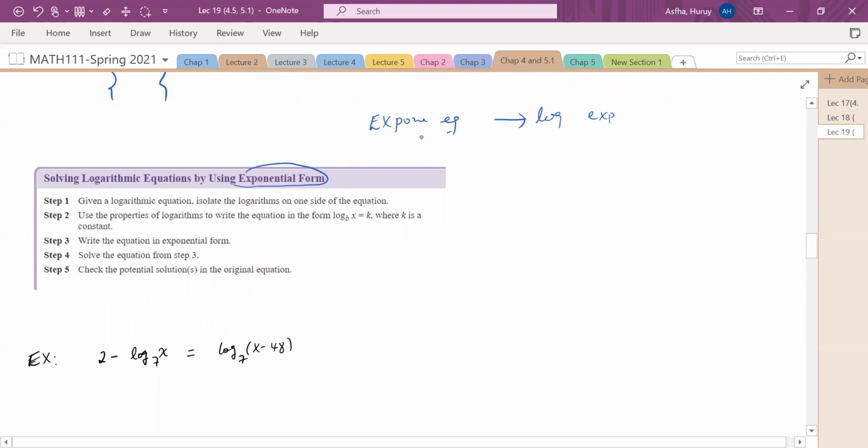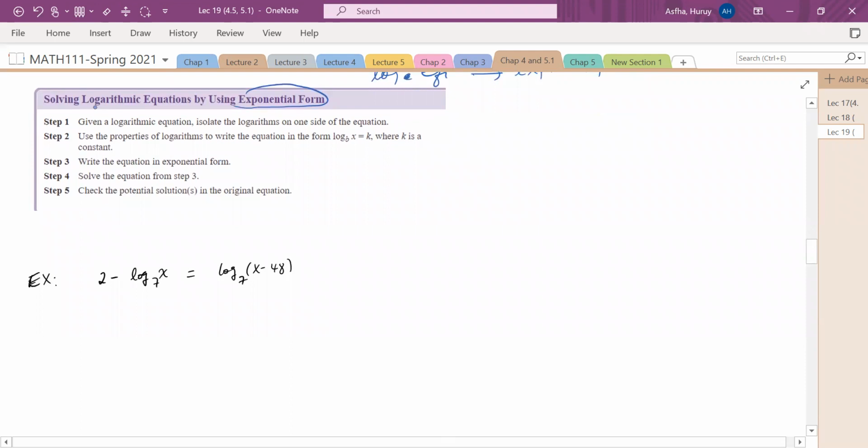And to solve a logarithmic equation, we convert it to an exponential expression. So we use one of them to solve the other one. Basically, that's what we are doing.